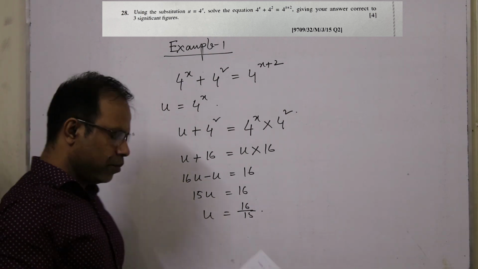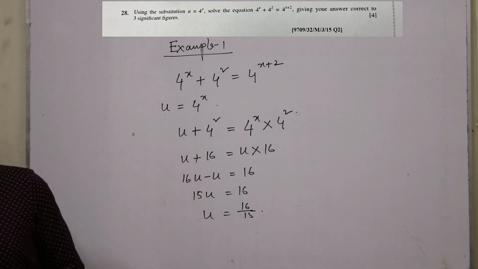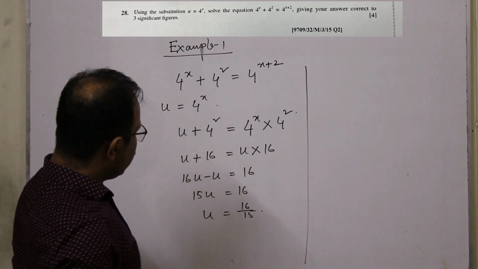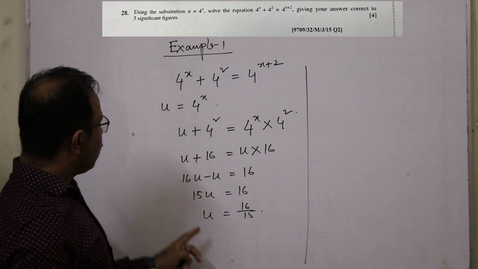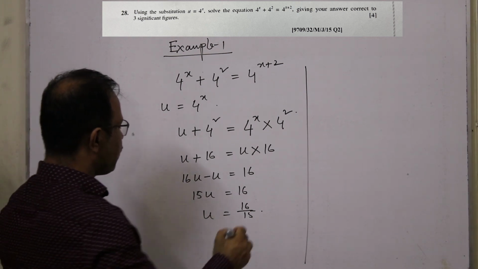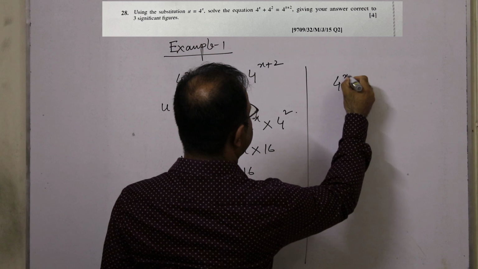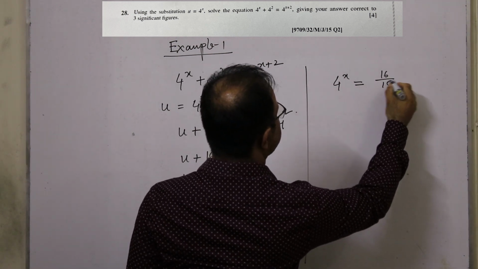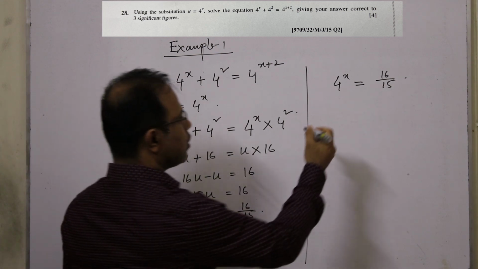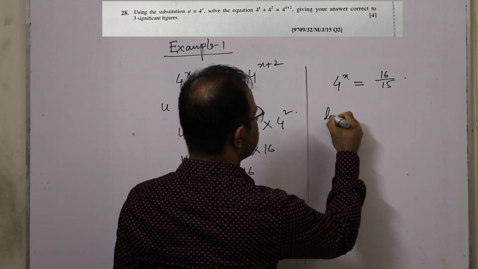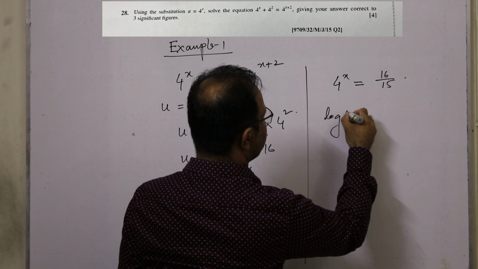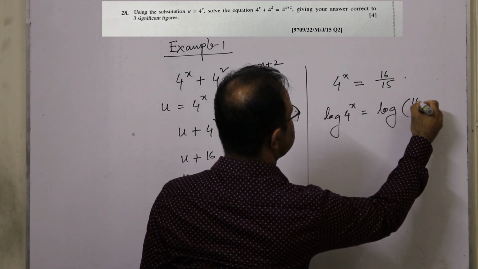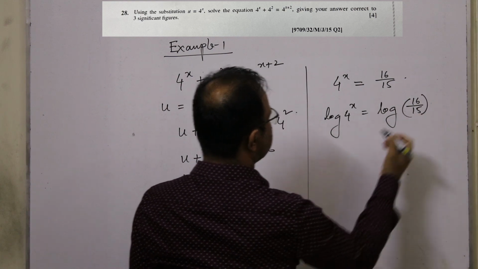Now how can we solve for x? We replace u with 4 to the power x. So 4 to the power x equals 16 over 15. Now we take the logarithm on both sides. Log of 4 to the power x equals log of 16 over 15.